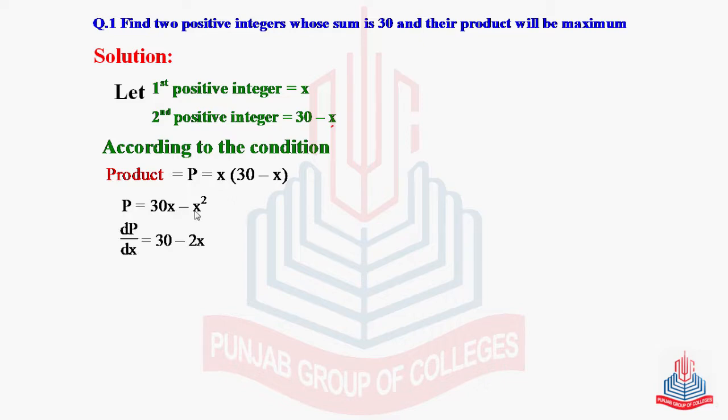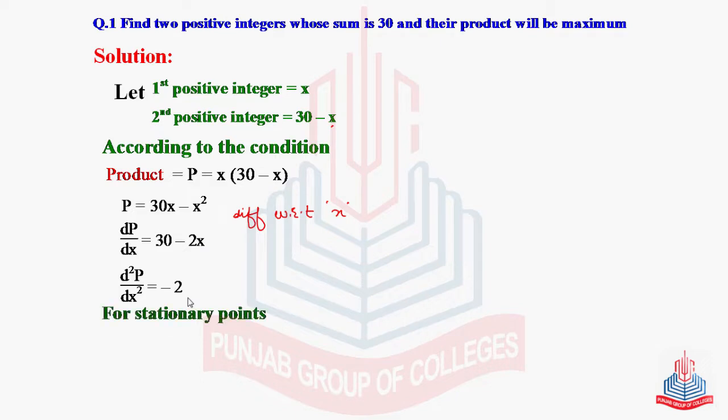Now differentiate with respect to x. So dP by dx is equal to 30 minus 2x, since the derivative of x square is 2x. Again differentiating, the second derivative d2P by dx square is equal to 0 minus 2, which is minus 2.